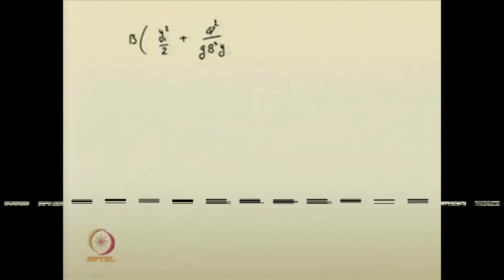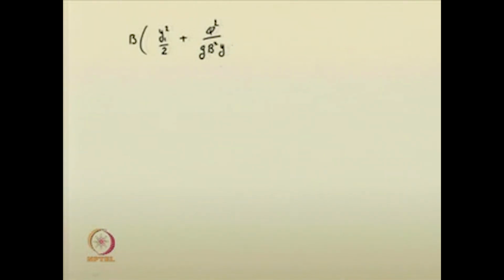I am just taking B out now, that is, B times y 1 squared by 2 plus q squared by g B squared y 1.